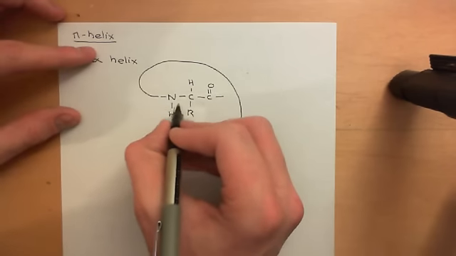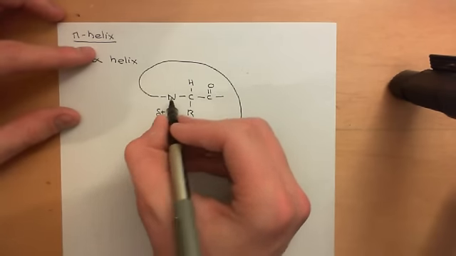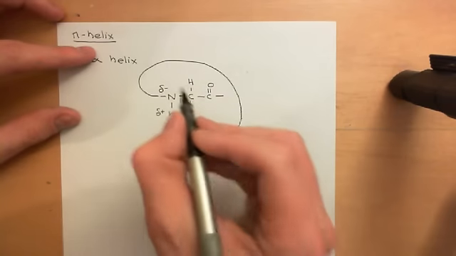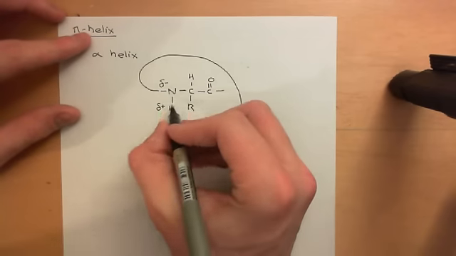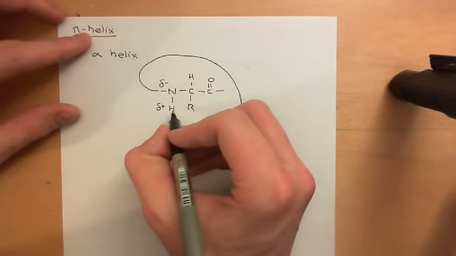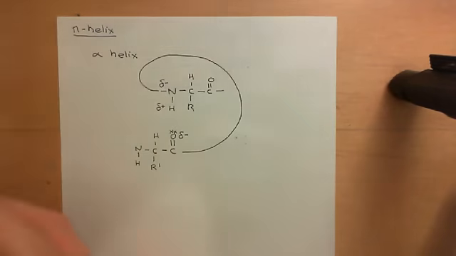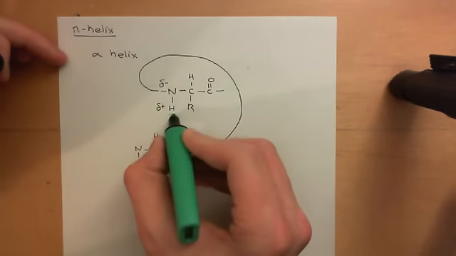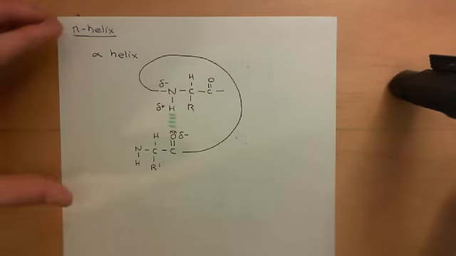Okay, if we look at the amino group here, the hydrogen is going to have a partial positive charge because it's bound to the nitrogen, which has a much higher electronegativity than it, so it pulls the electrons in this bond towards it, and that hydrogen then is the perfect hydrogen bond donor. Okay, so what can then happen is you can get a hydrogen bond forming between those two structures, the hydrogen bond donor and the hydrogen bond acceptor there.